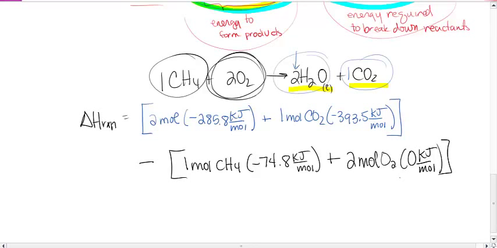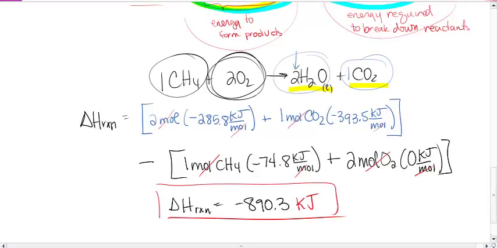I calculate this, and I get a delta H of reaction of negative 890.3. Now look at my units. Moles cancel, moles cancel, moles cancel, moles cancel. I'm left with kilojoules.